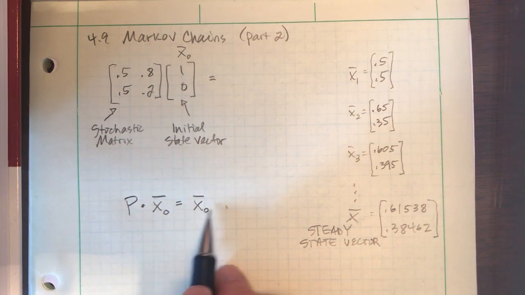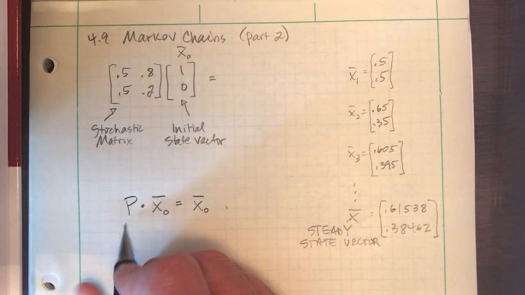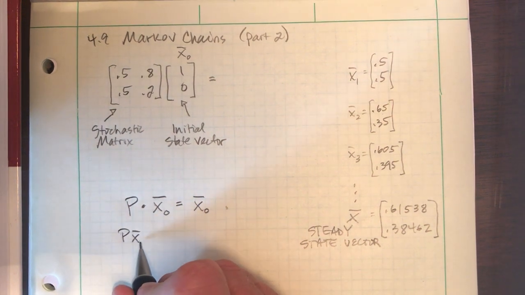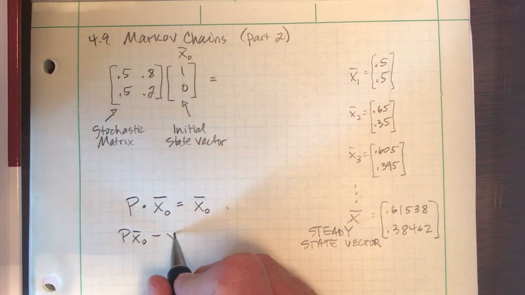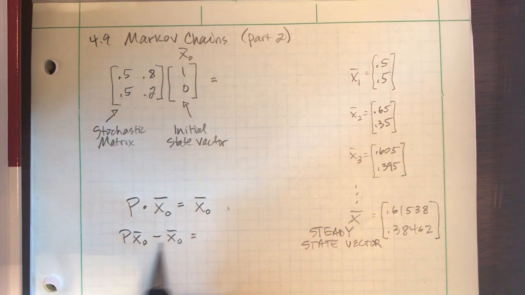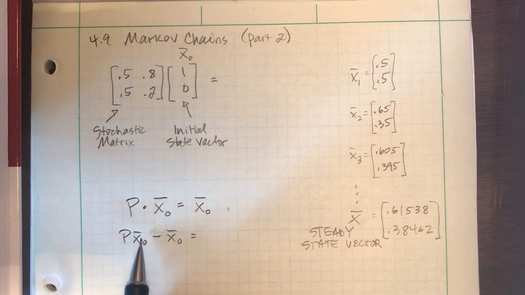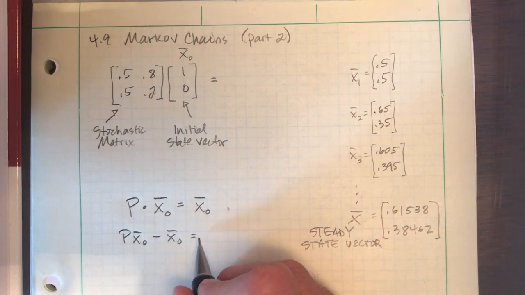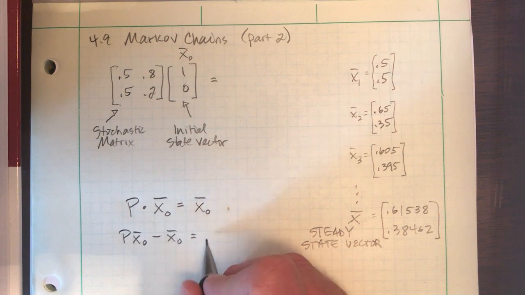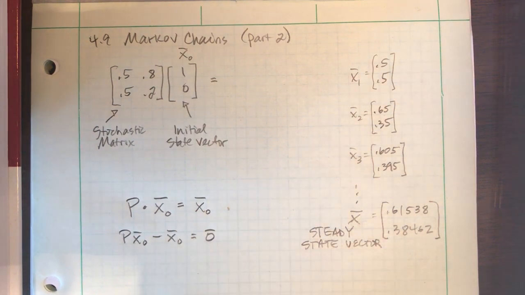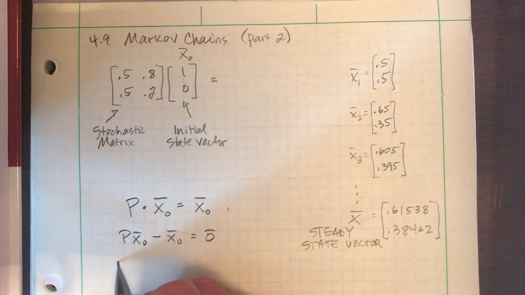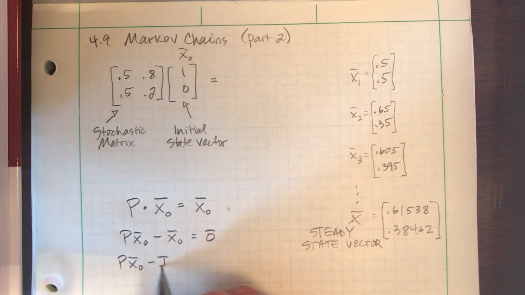Let's do a little bit of algebra on this. Let's bring everybody to one side. We've got P times the vector minus this vector. Remember, a matrix times a vector is a vector, and 2 vectors subtracted is another vector, but when I move it over, it's the 0 vector. Now, to make these guys talk even better, let's bring in the identity matrix.